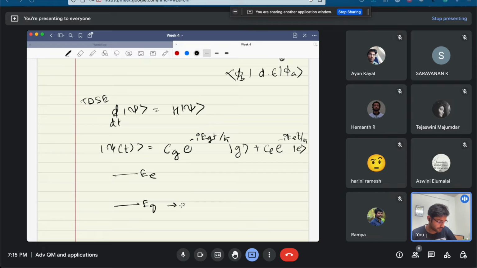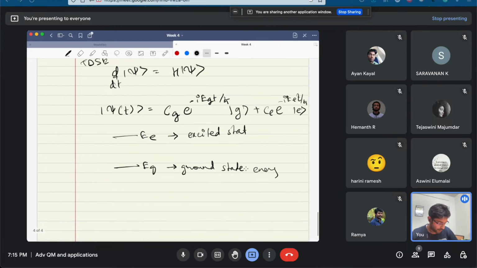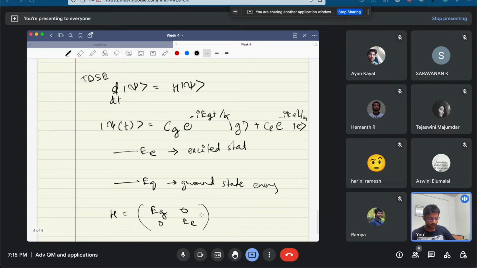Eg is your ground state energy and Ee is your excited state. So if you don't have any other coupling, say a very simple Hamiltonian with two levels with two different energies, then this is what you get as your time dependent wave function.